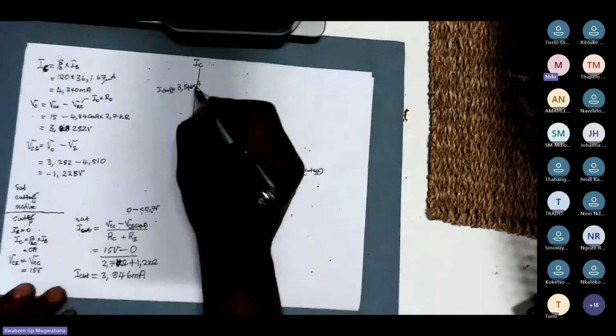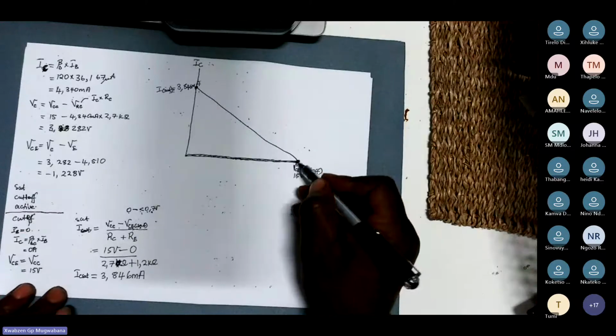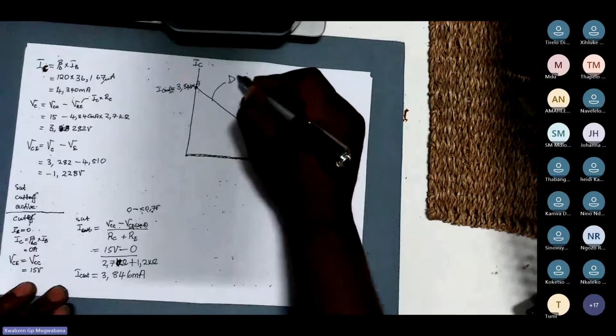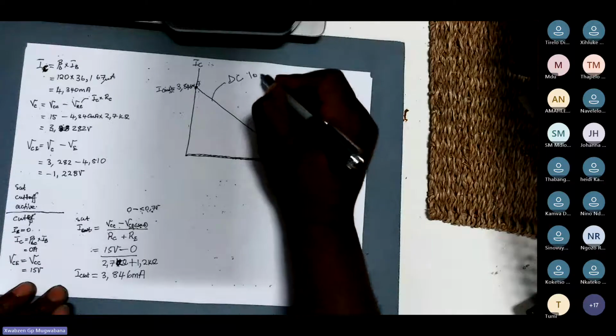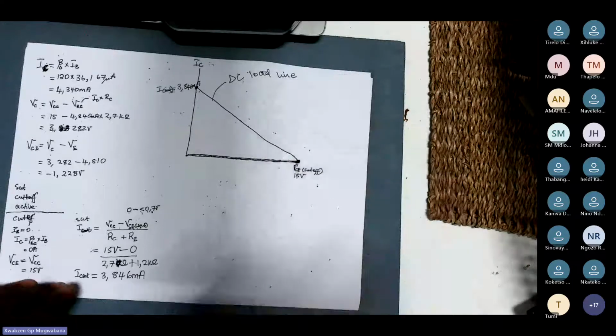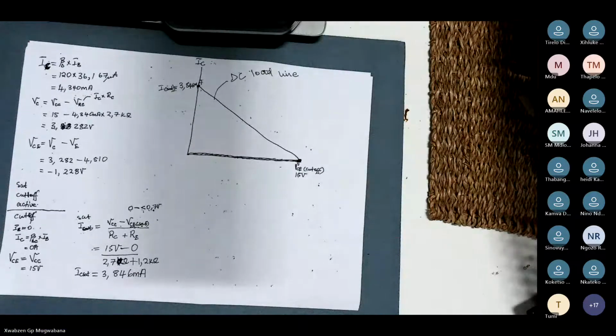Now here, you have created what we call a DC load line. Are we together?